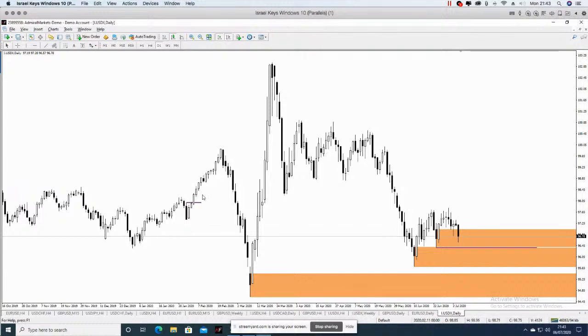So this here is a bullish engulfing because price is going down, then it went up and cleared out that previous candle. On the flip side, this here is a bearish engulfing. Price is going up, gets there, reverses against it and clears out that candle. That's a bearish engulfing.